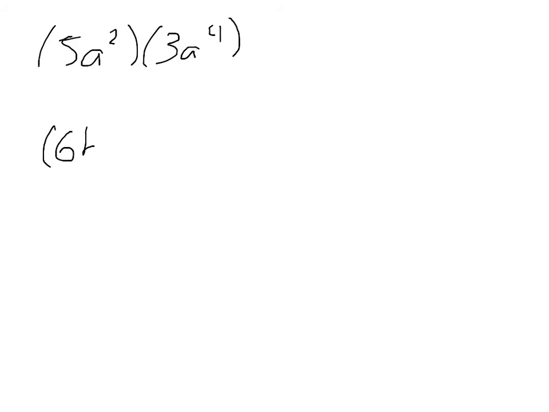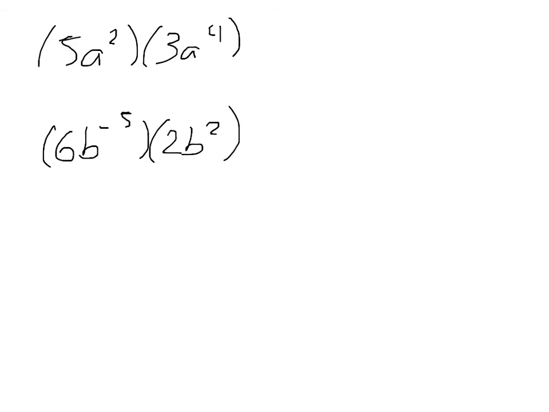So let me give you a few to try here, and let's see how well you do with these. Let's do 5a squared times 3a to the fourth. And how about 6b to the negative fifth times 2b squared?